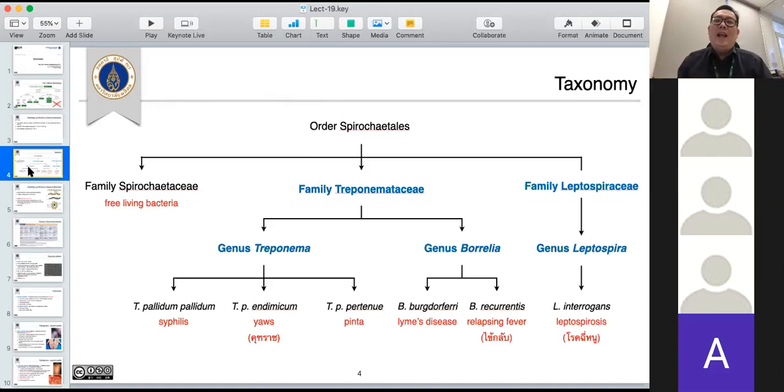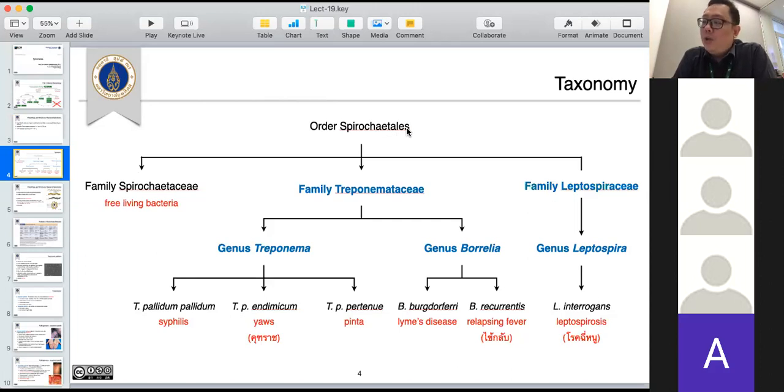That's why we don't care about class; we just call it one phylum, one order. All spirochetes are classified in the order Spirochaetales. When you see the suffix -ales, that's an order name.